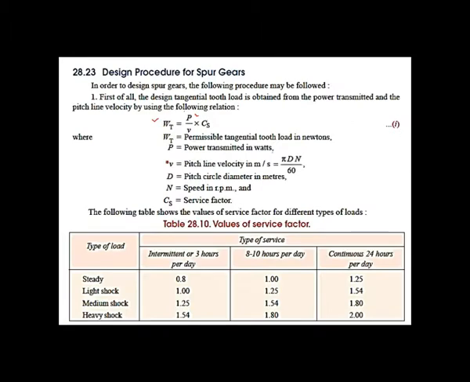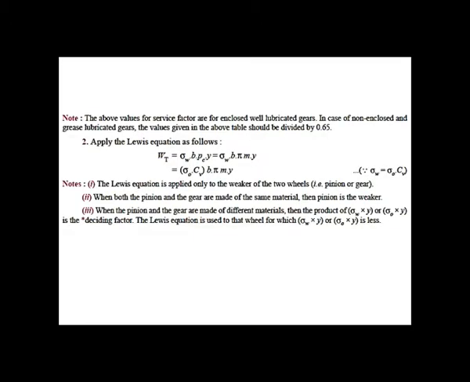After calculating Wt, the next step will be to evaluate sigma naught, because we need the product of sigma naught into y or sigma w into y for the gear as well as for the pinion, and we will consider whichever is less.